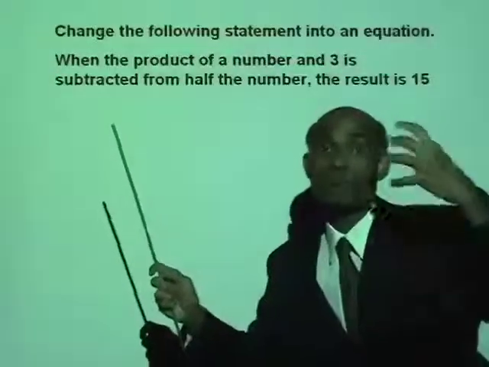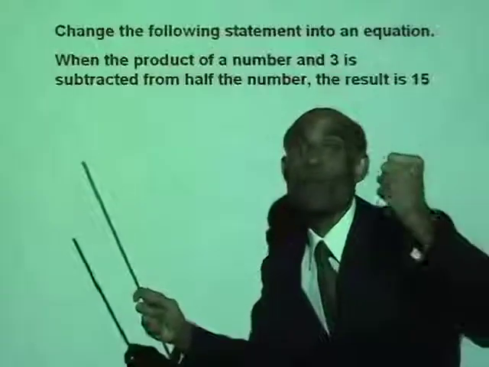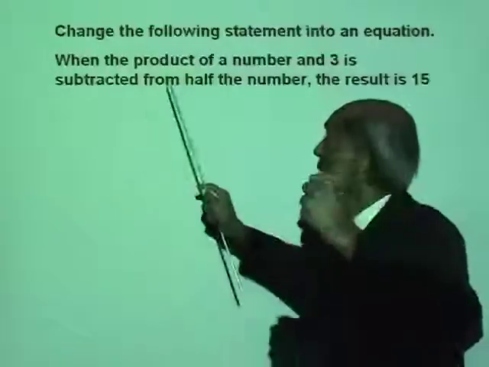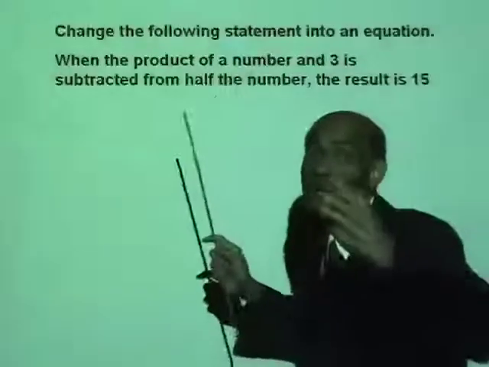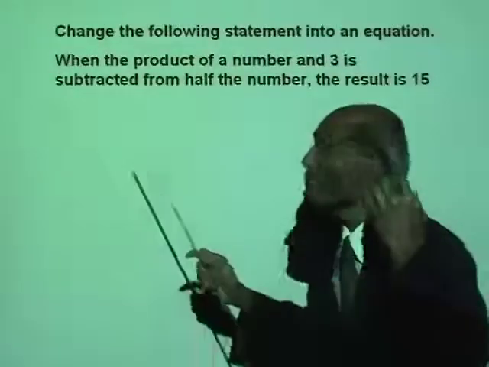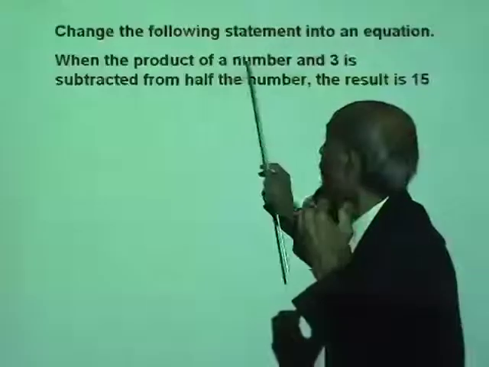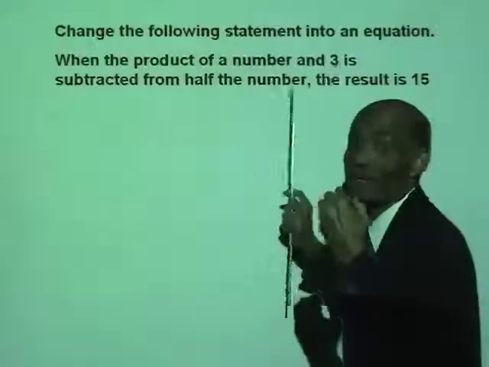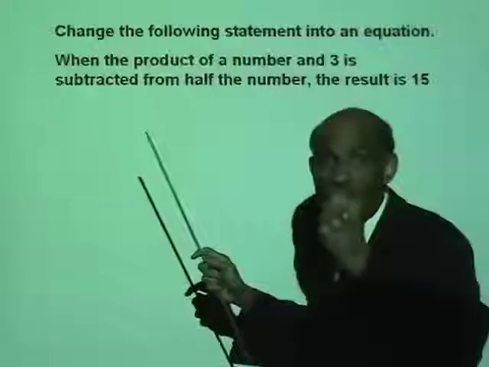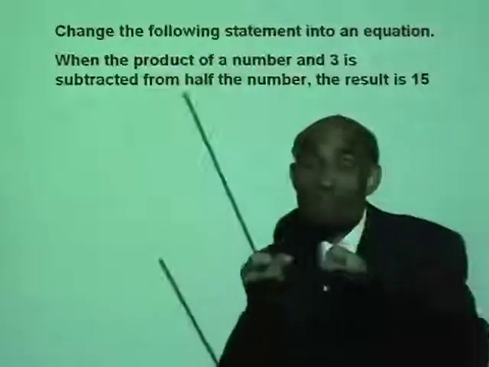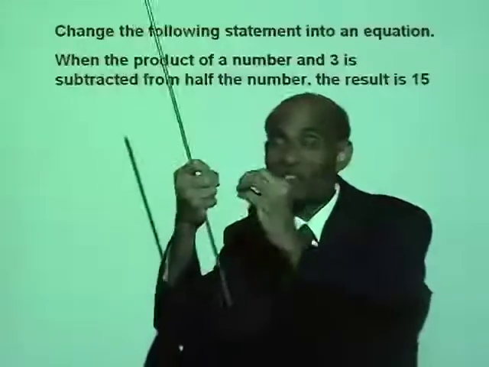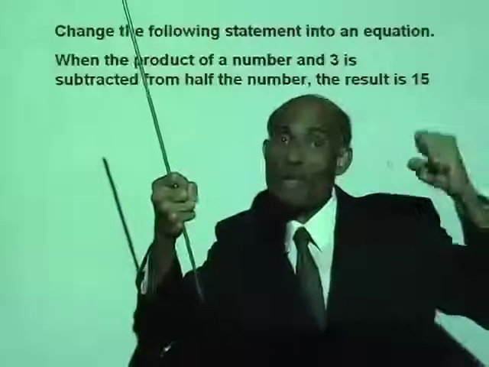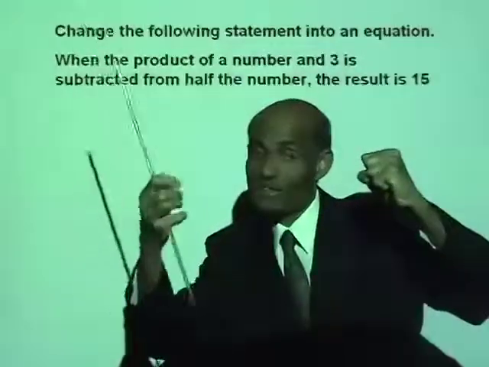Product means multiply. Multiply what and what? A number and 3. A number becomes your x. So what is the product of x and 3? That is 3x. Right? Is subtracted from. Alright, tell me, that 3x is going to be on the left or on the right?